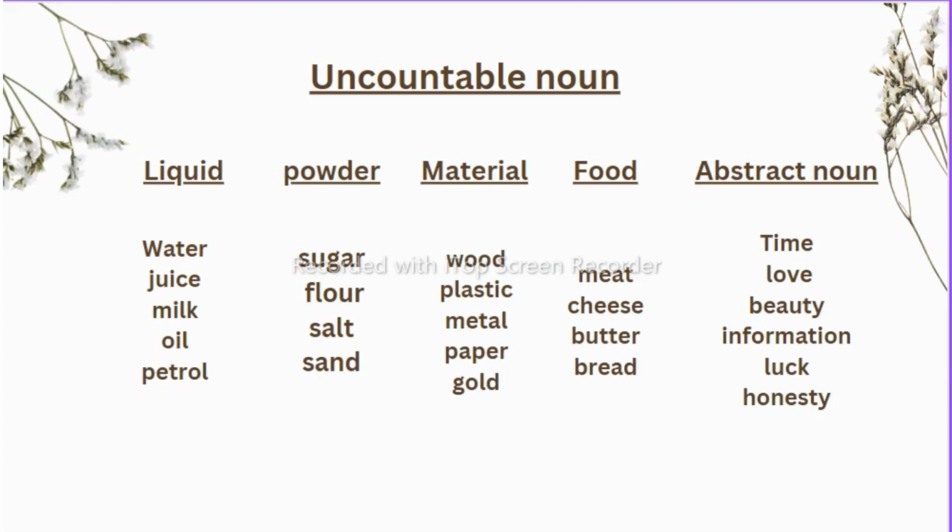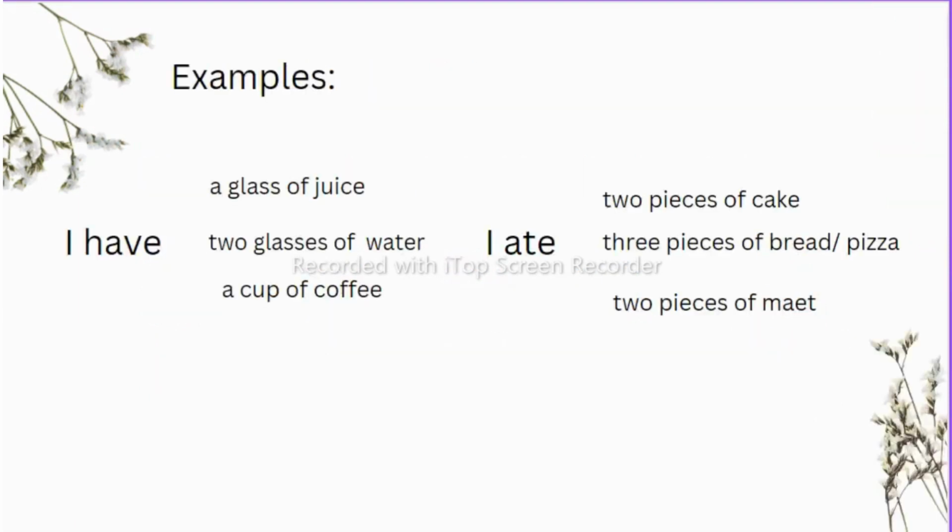You can see here. Let's see some examples. With an uncountable noun, you cannot count water, but you can measure it. You cannot say 2 water, but you can say 2 liters of water or milk. For example: I have a glass of juice, 2 glasses of water, a cup of coffee.